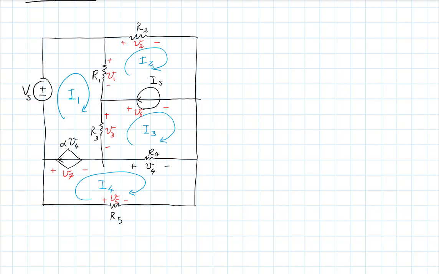So let's write the KVLs. So KVL in mesh 1. Now, I also like to go clockwise for my KVLs, but you don't have to. But for me, it's minus Vs plus little V1 plus little V3 minus V7.